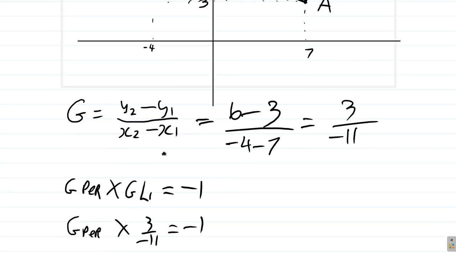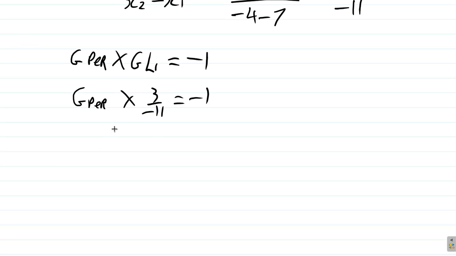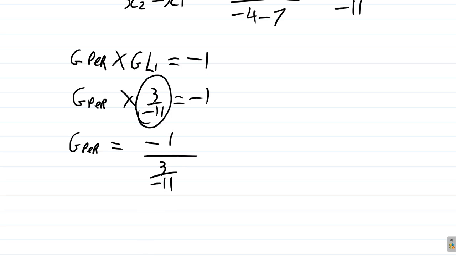Now, if you transpose and divide by 3 over -11, the gradient of the perpendicular is going to be -1 divided by 3 over -11. You divide by this, right? And you put it under the 1. This is the same as -1 multiplied by the reciprocal, -11 over 3.